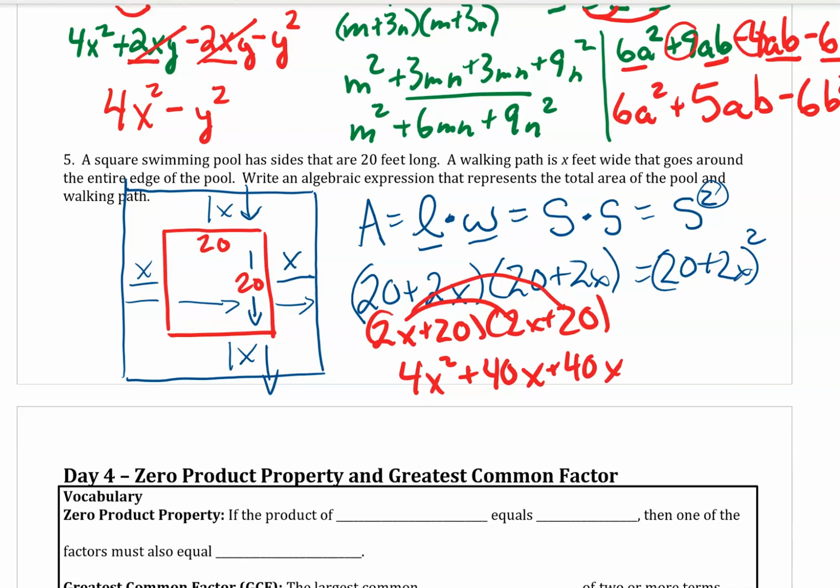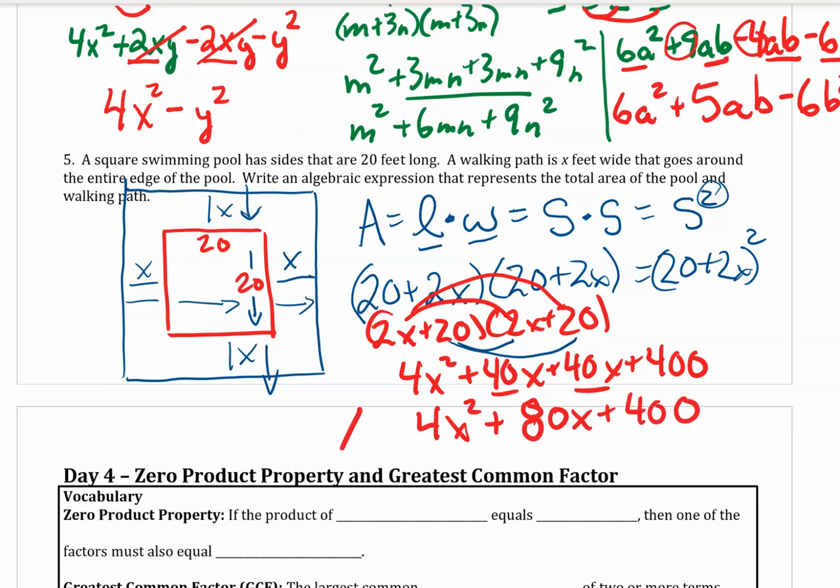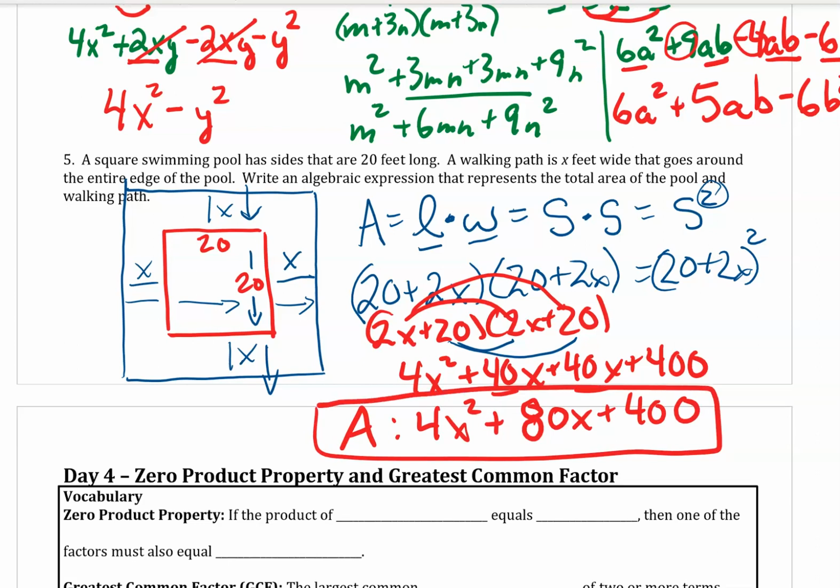Sorry, I should have drawn all of my arcs. And then 20 times 20 is 400. So my equation becomes 4x squared plus 40x, and 40x more is 80x plus 400. And that's my area in square feet.